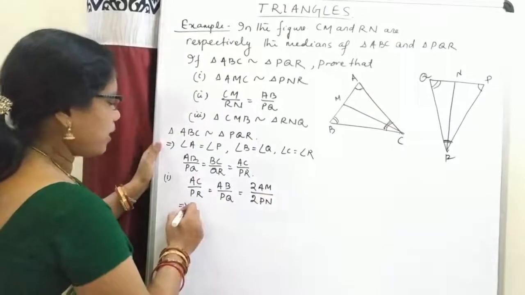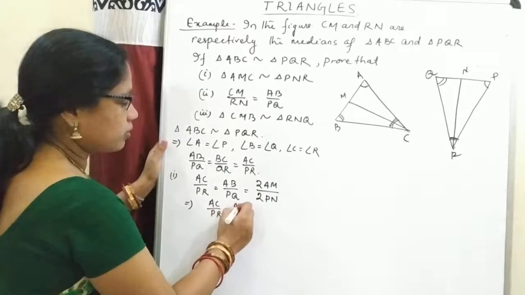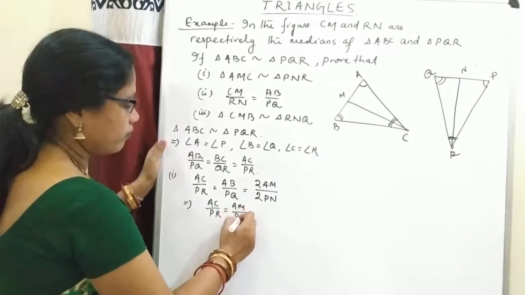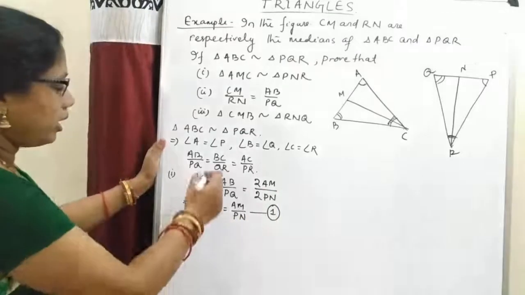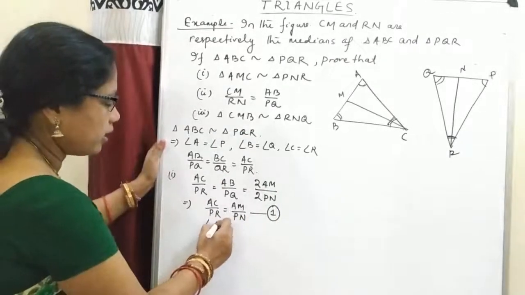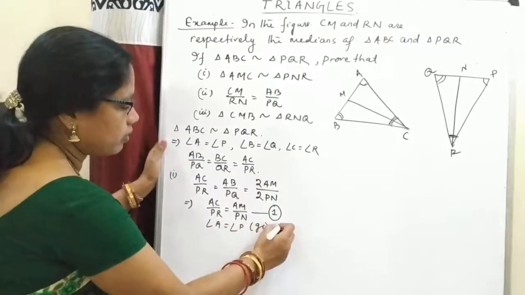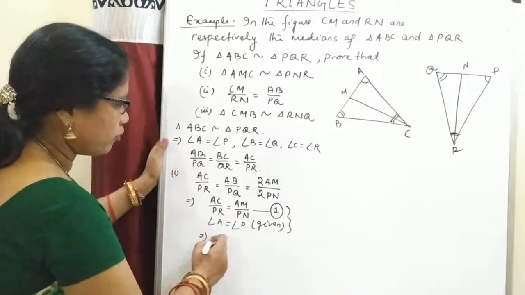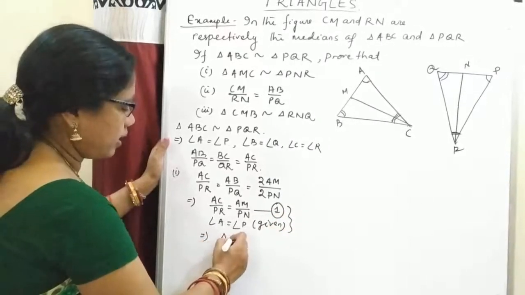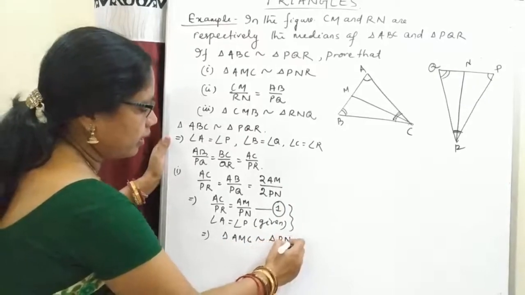So this implies AC by PR is equal to AM by PN. This is our first equation. And already angle A is equal to angle P, it is given.